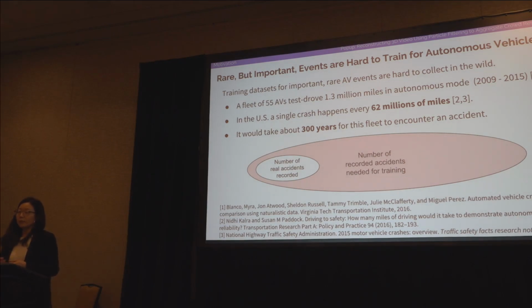However, in the US alone, the statistics say that a single crash happens every 62 million miles. This means that it will take about 300 years for this fleet to encounter a single accident data point. And this is too far compared to us wanting safe autonomous vehicles running right now.